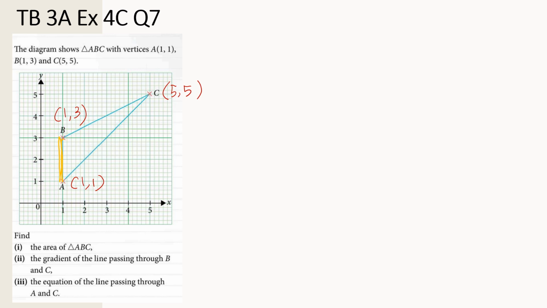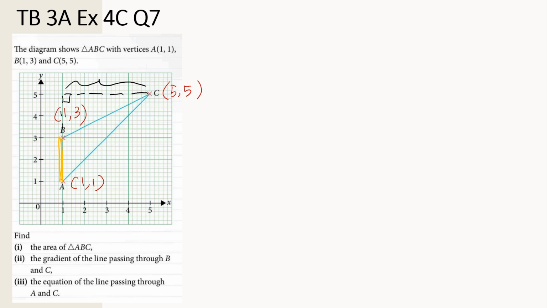The perpendicular height will have to come from point C, because points A and B form the base already. So from point C, I'm just going to draw my perpendicular height. I hope I can draw it as horizontal as possible.